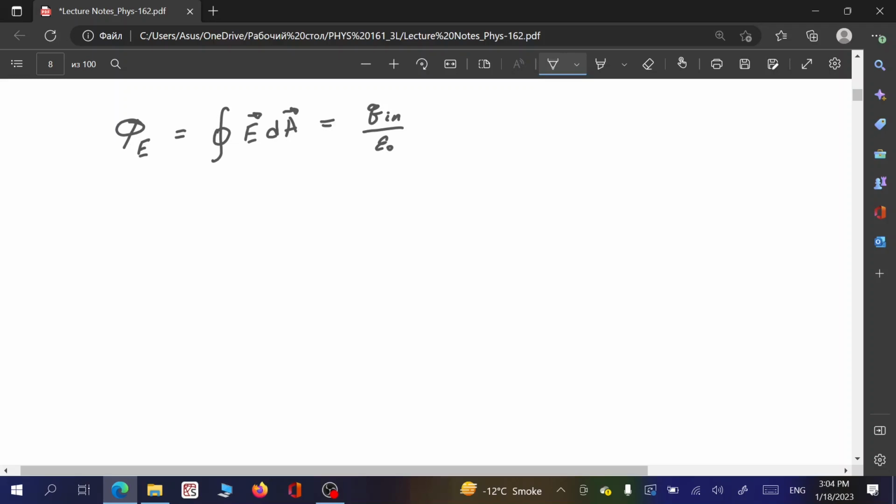I shortly mentioned last time that for some cases it is very convenient to apply Gauss law in order to determine the electric field vector created by a continuum of electric charges. However, that works in certain conditions, specifically when this distribution of electric charges possesses certain symmetry, either cylindrical or spherical symmetry.